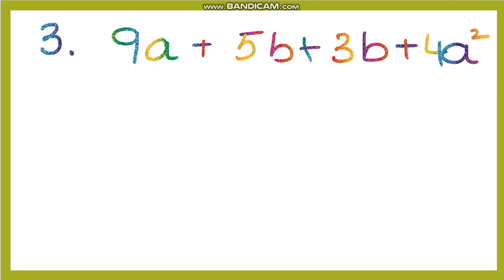Let's take a look at the third question. Once again, take a look at all the variables: a, b, b, a square. By now you should be able to easily figure out which are the like terms here. We all now know 5b and 3b, because the variable is b and it is raised to the exponent power of 1.